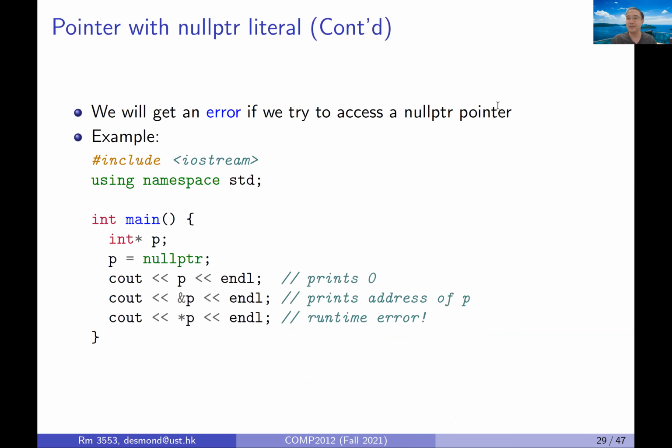Later on, I will tell you why we need null pointer, because null pointer can help you. Example: we have a pointer variable P, and we put null pointer in P. So essentially, we put in address 0. Can we print address 0 on screen?